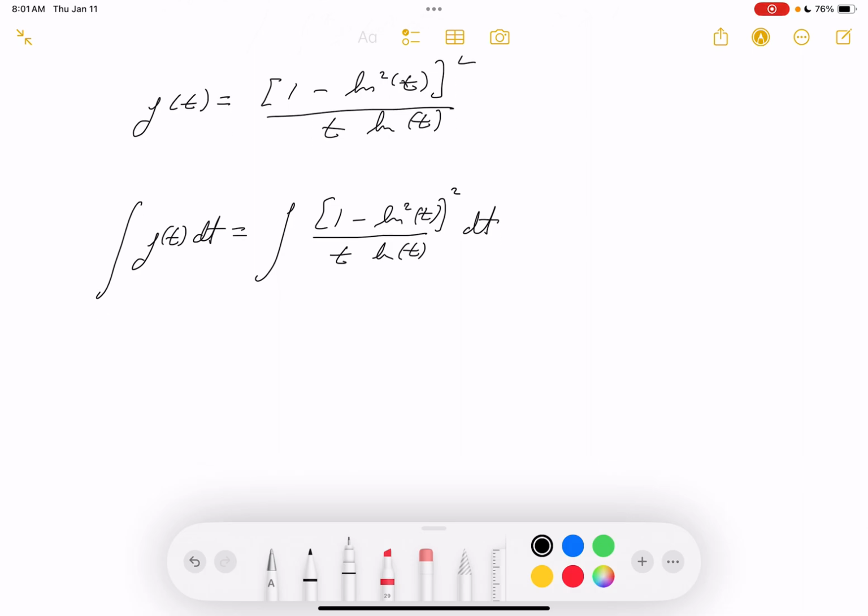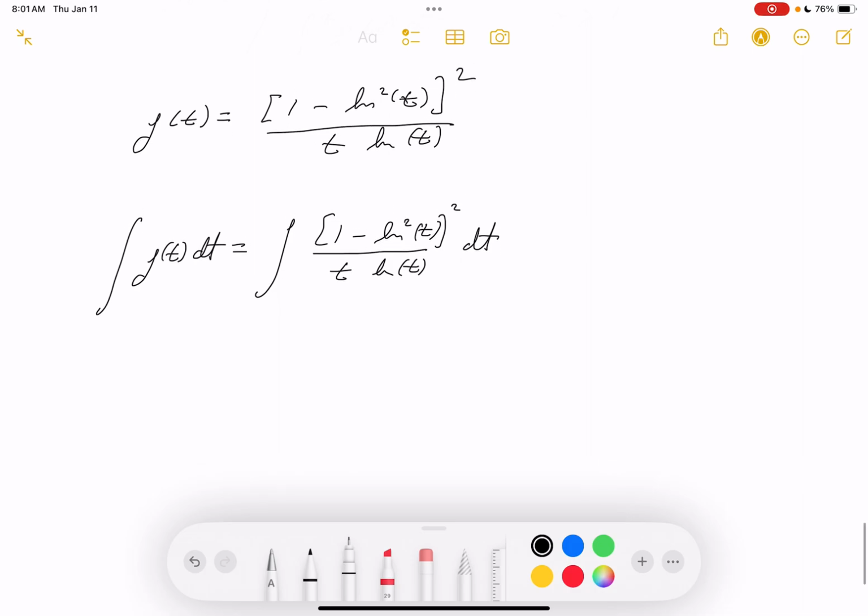All right, so what I want to do is make a substitution. And the log is kind of bothering me, so I'm going to let u equal the natural log of t. Substitution is the way to go, by the way. So then du would just be 1 over t dt. All right, let's put this down now, see if it works out.